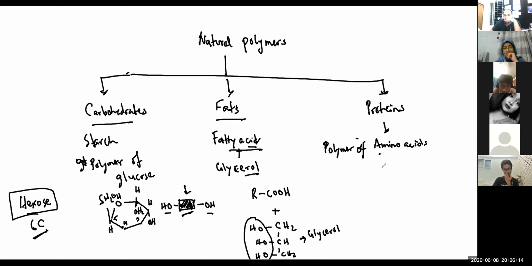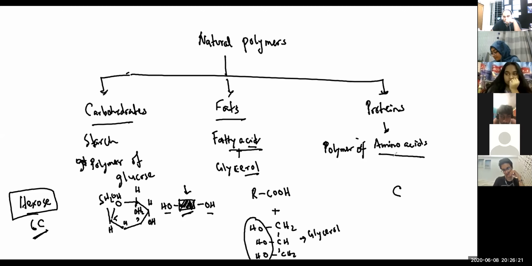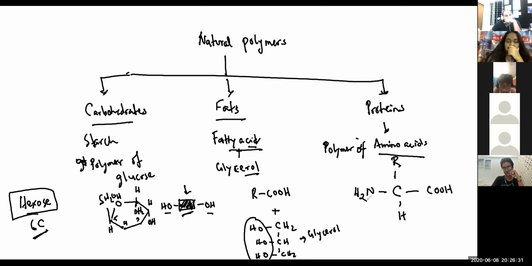Our amino acid's structure is a carbon at the center with the R group, with a hydrogen, with a COOH, with the NH2. Sir, that box with the hydroxides is glucose, right? This one is glucose.